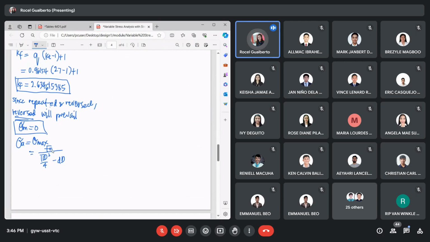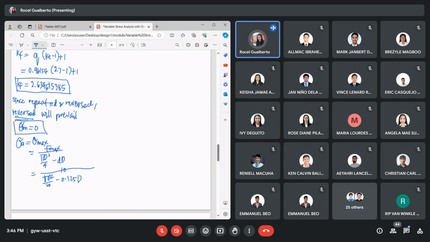Ang gagamitin ko po ay F max since yun po ay equal sa sigma maximum. F max is given, that is 10 kips, divided by pi d squared over 4 minus 0.125 d.